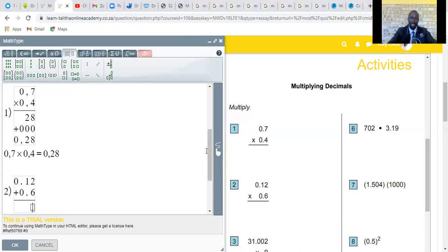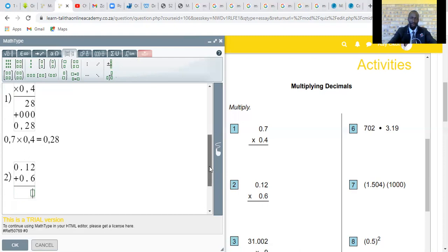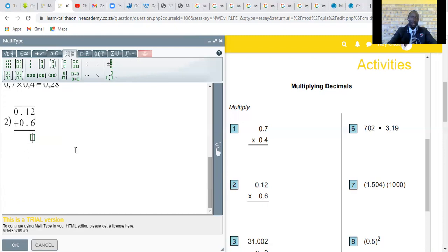So what do we get here? Let's see. Now we follow the steps that I explained that we used in discussing the first activity, part 1.